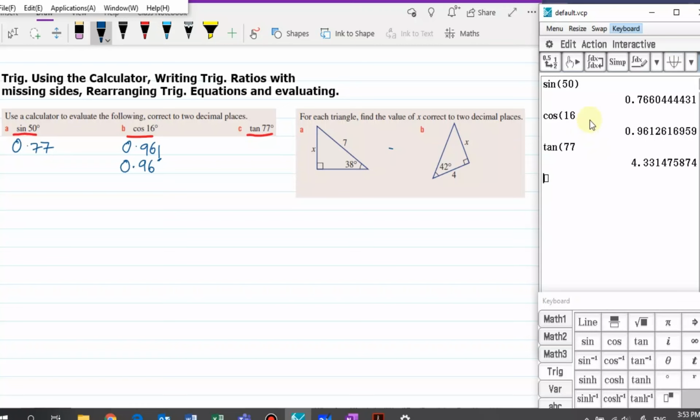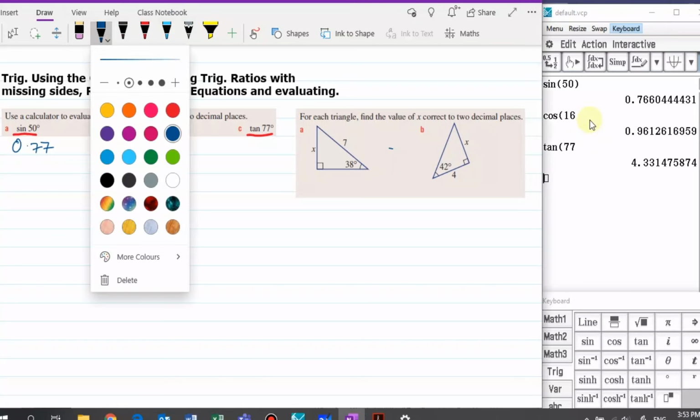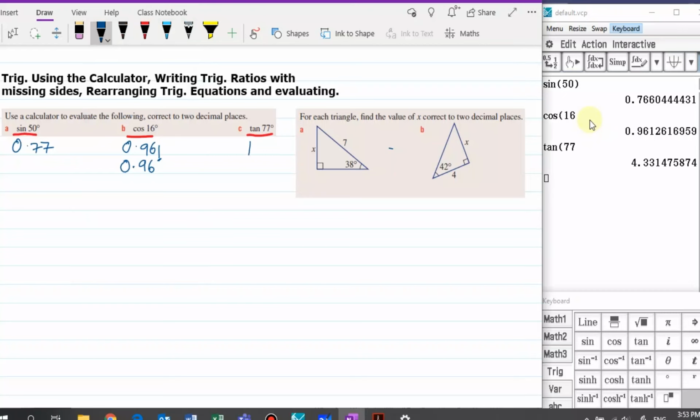The tangent of 77 is 4.33 to 2 decimal places, because the 1 there is 4 and below, so it rounds it down. So that's simply using a calculator to evaluate those trig functions.